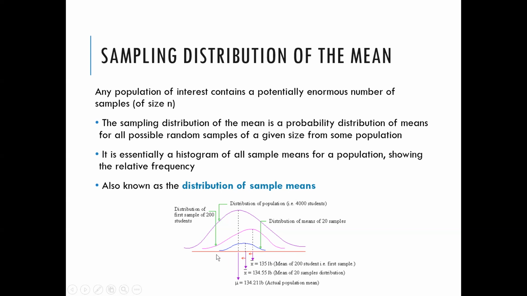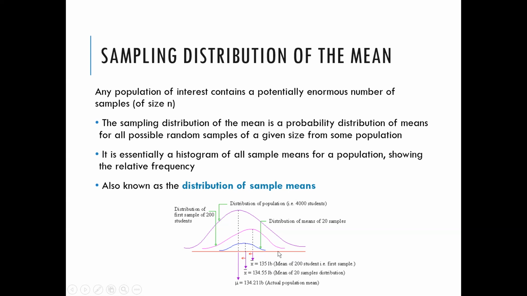Now let's say we take, and this is the pink line here, a sample of 200 students. You can see this curve isn't very normal, right? It's a little bit skewed, and the mean is pretty far away from the population mean. The mean from our sample of 200 students is 135 pounds.